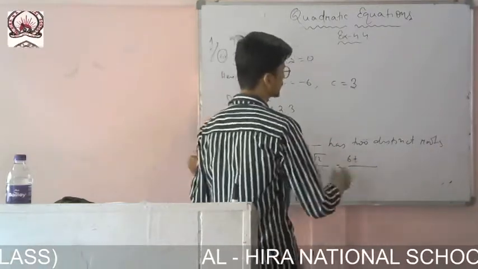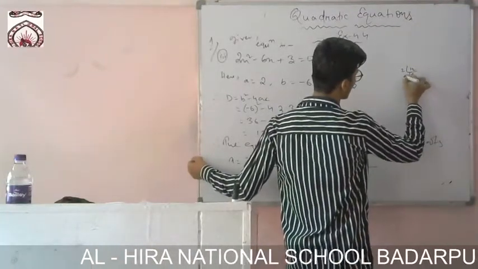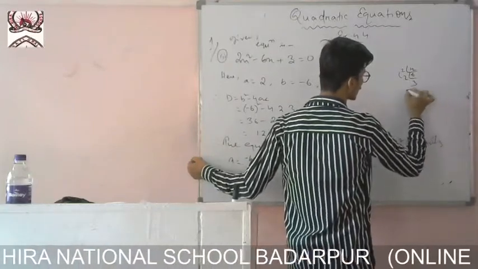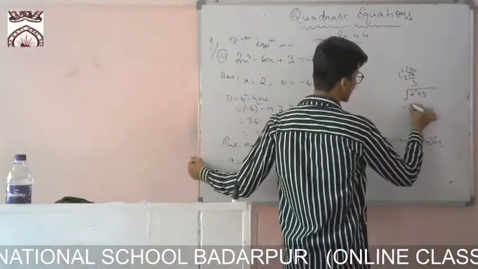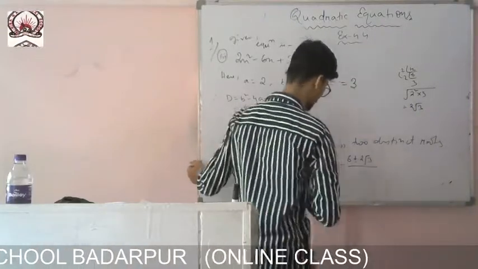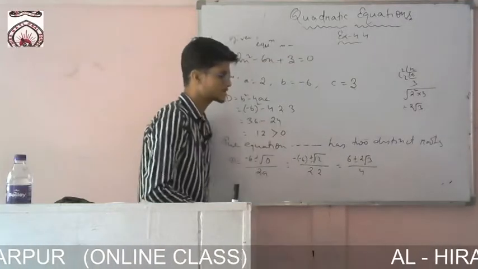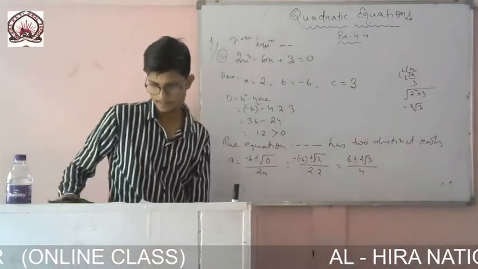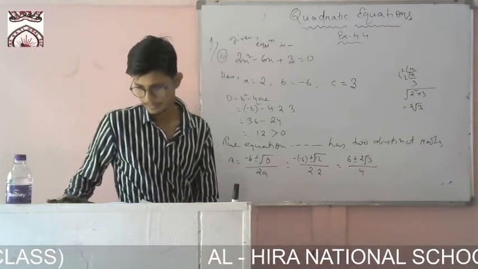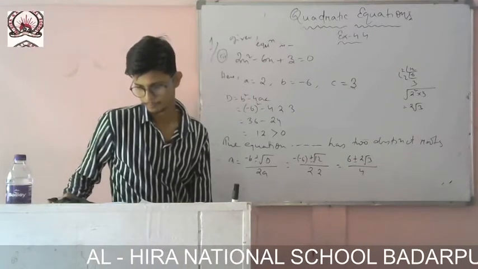Root over 12 I can write as 2 square into 3, so I can write it as 2 root 3. So 6 plus minus 2 root 3 by 4.